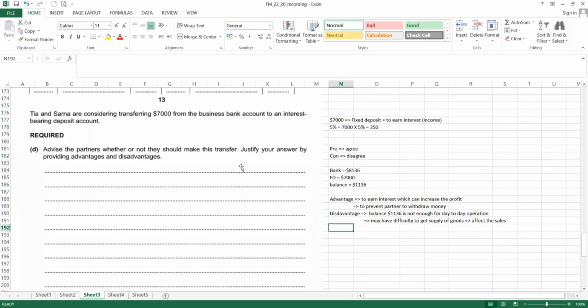So now come to this type of question. When they say justify advice, okay, after you give advantage, disadvantage, the 1 more mark you must get conclusion. Don't forget your conclusion. How you want to make conclusion? Based on your own opinion, conclusion can be advantage, can be disadvantage. Up to you to choose.